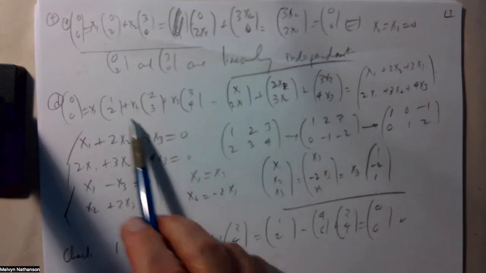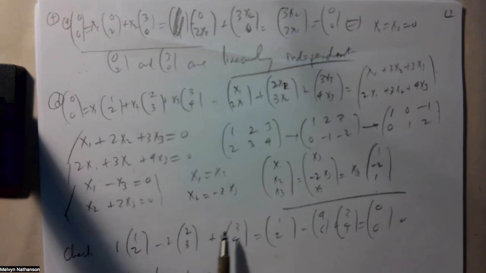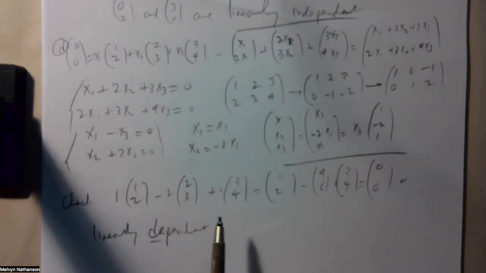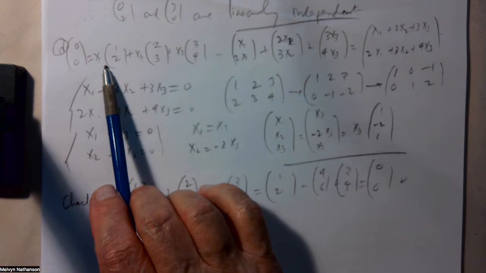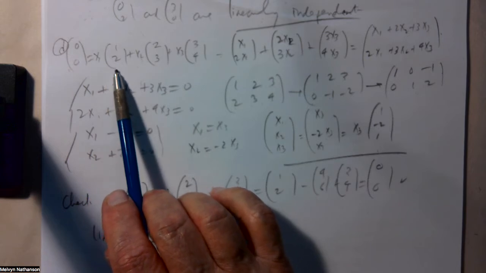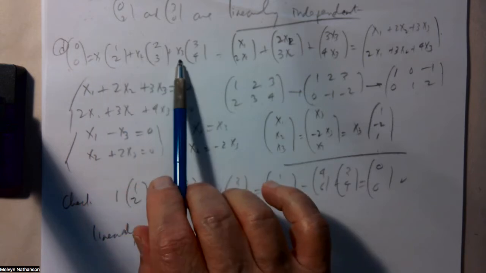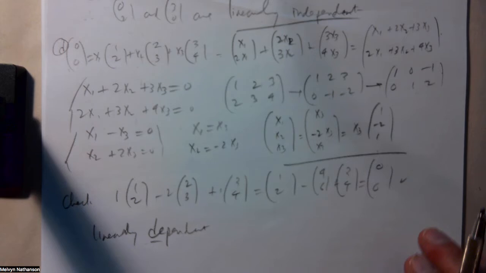So these 3 vectors are linearly dependent, not independent, because there's a non-zero set of scalars, x1, x2, x3, that makes this linear combination equal to 0.